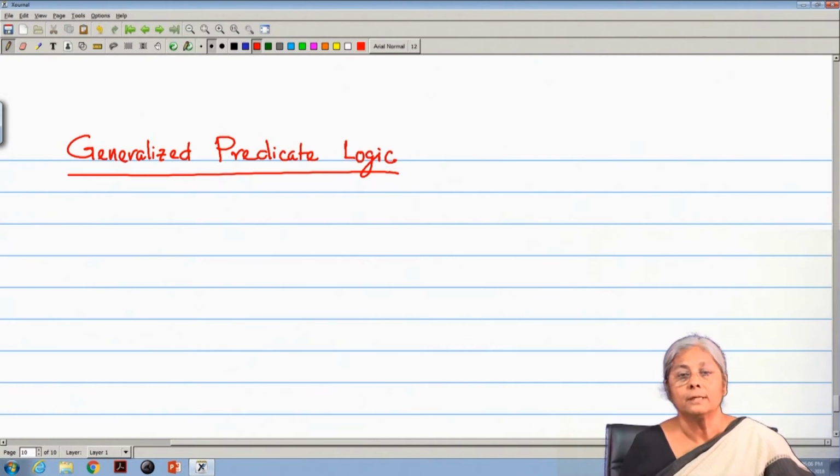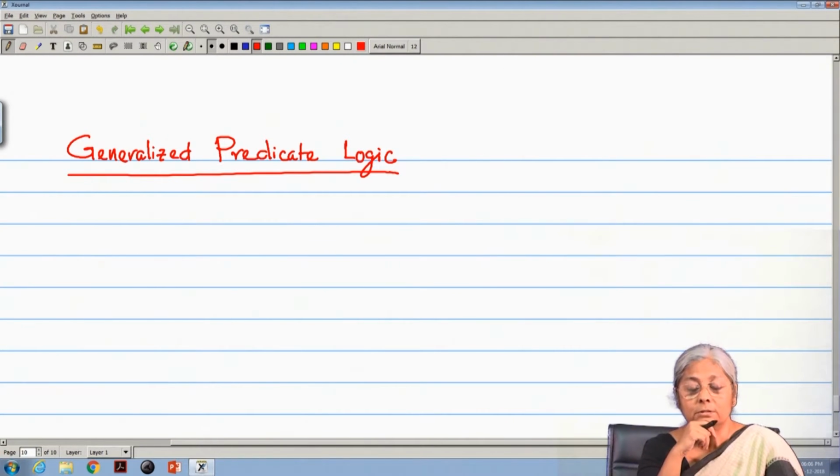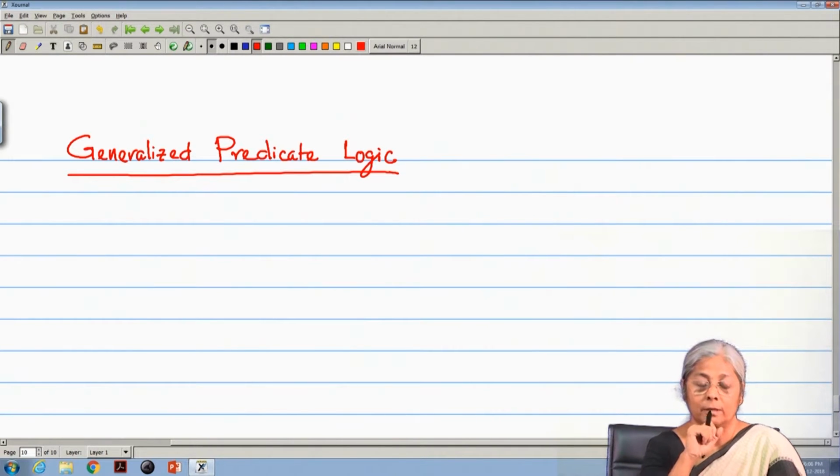First we see how the same statement can be represented using the existential quantifier as well as using the universal quantifier, or whether at all it is possible.